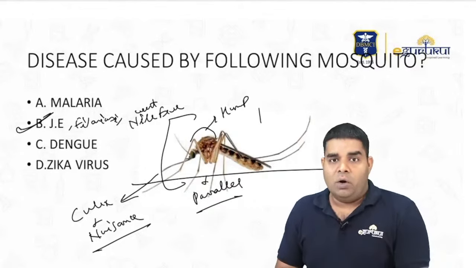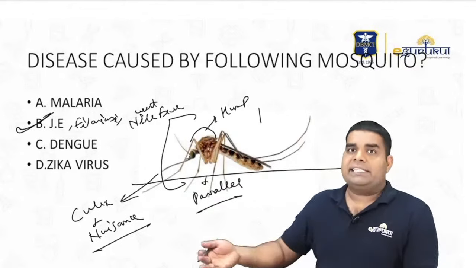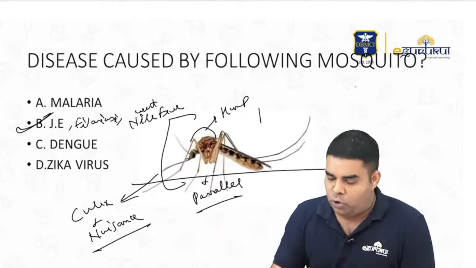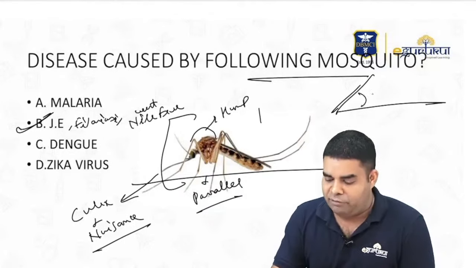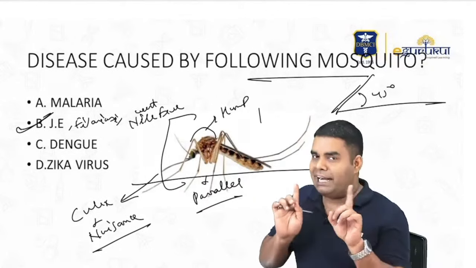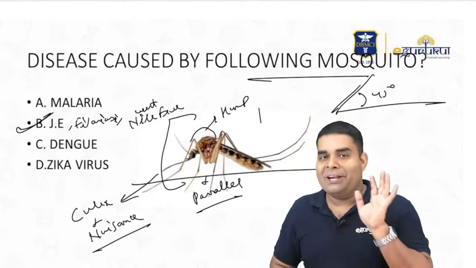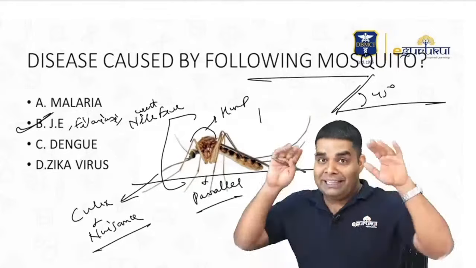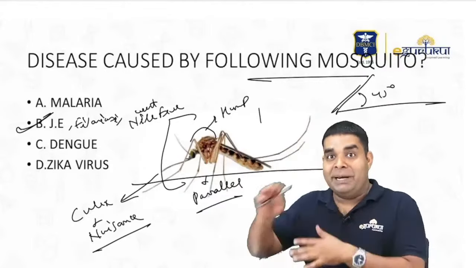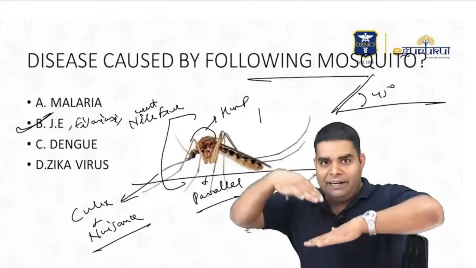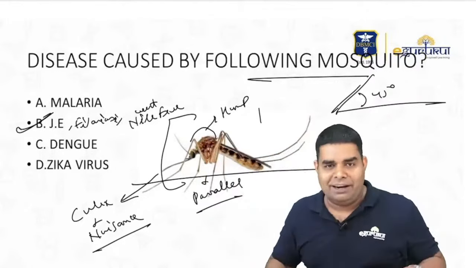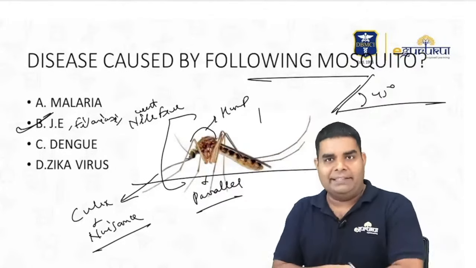Okay. Now, why are Aedes and Anopheles not the answer? Because we all know Anopheles sits at a 45-degree angle. It doesn't like to touch our dirty skin. No touching. That's why it is also known as sophisticated, because it breeds in clean water and makes an angle. So it never sits parallel. So it's not Anopheles, and malaria is out of question.